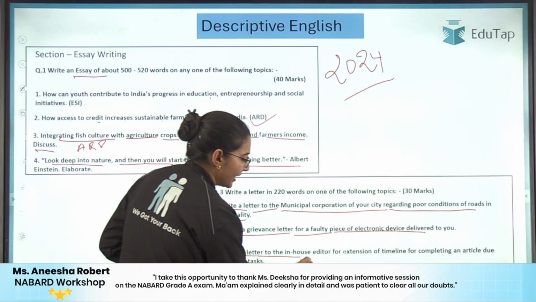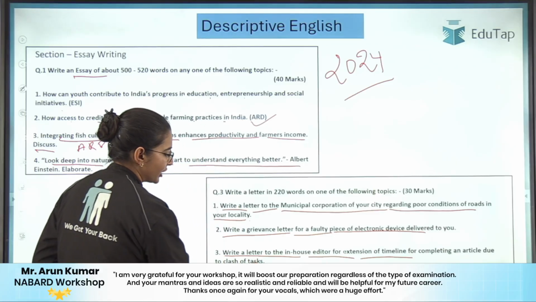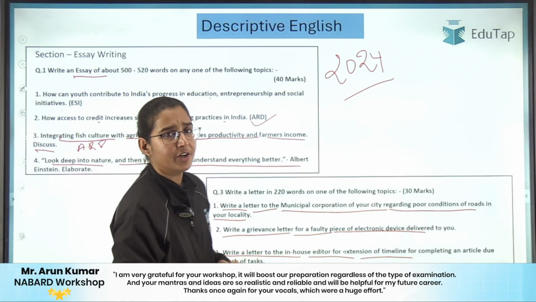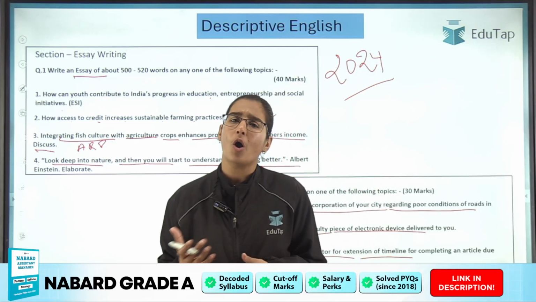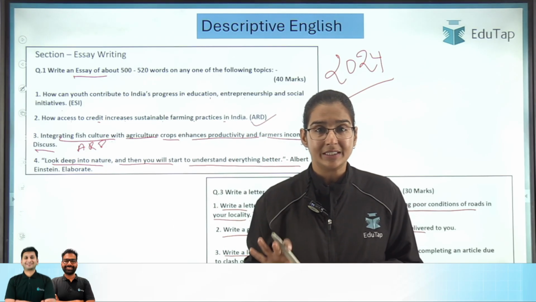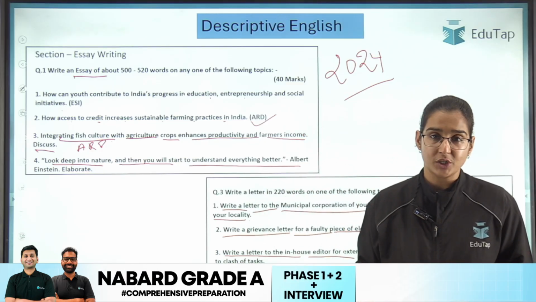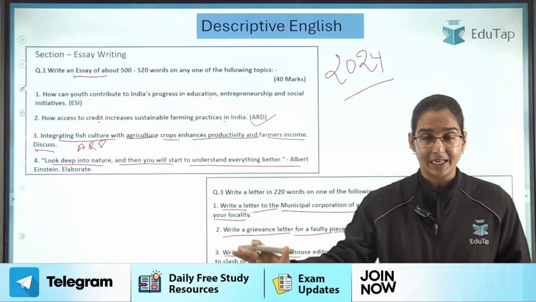Write a letter to the in-house editor for the extension of timeline for completing an article due to clash of tasks. These are very general topics. Even in class 10th, class 12th board examinations, and in graduation, we all have written such letters. Nothing very difficult to write. So that was about descriptive English, the kind of questions which are being asked in descriptive English. How to prepare for it, we are going to discuss in the later part of the video.